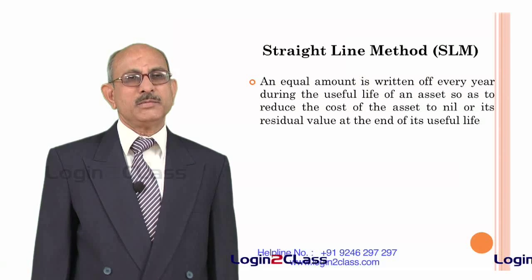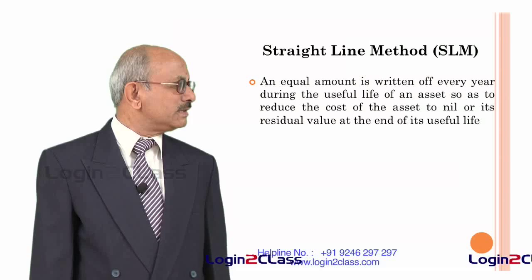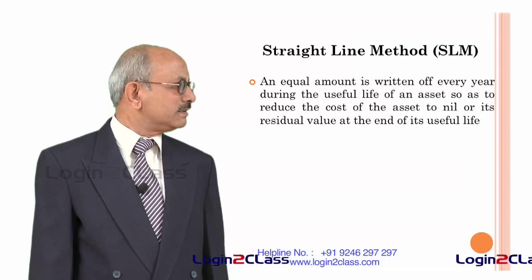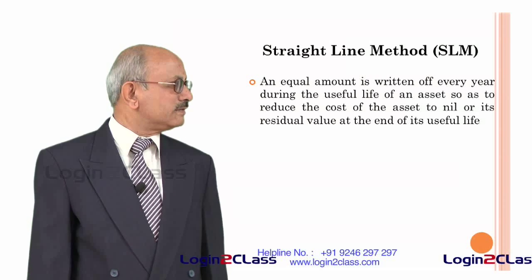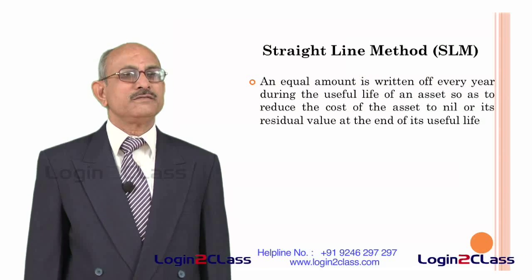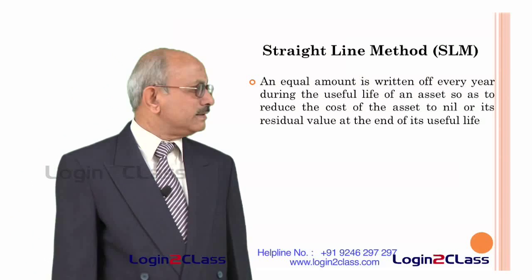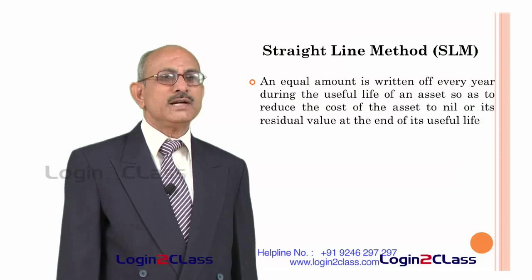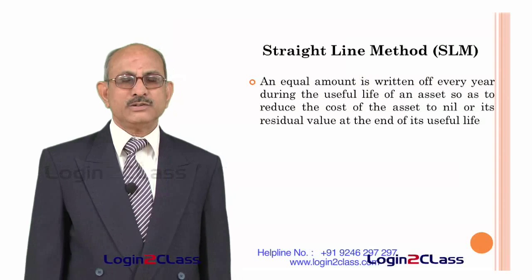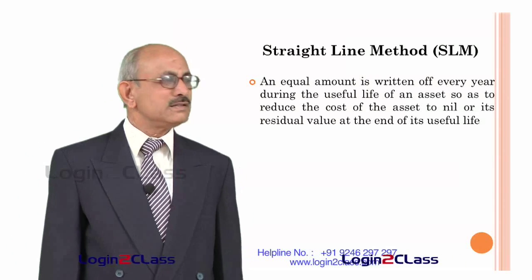In the straight line method, an equal amount is written off every year during the useful life of an asset, so as to reduce the cost of the asset to nil or its residual value at the end of its useful life. The idea here is, at the end of the useful life the asset should get reduced to either 0 if the residual value is 0, or to its residual value if it has got certain residual value.